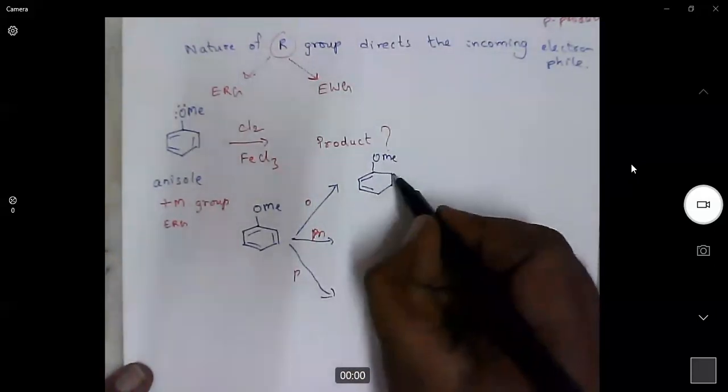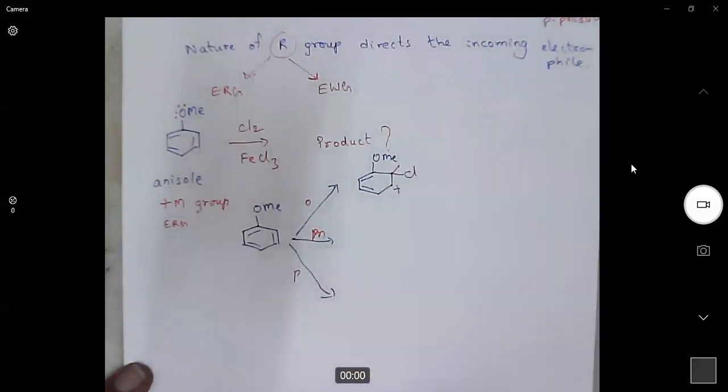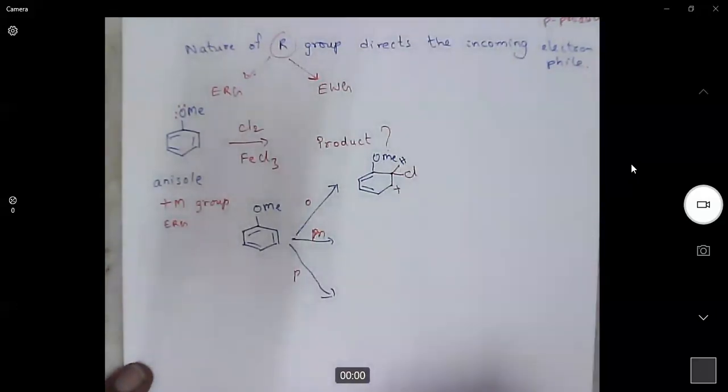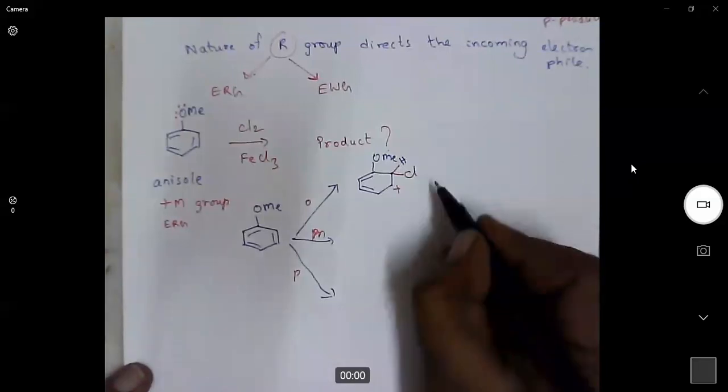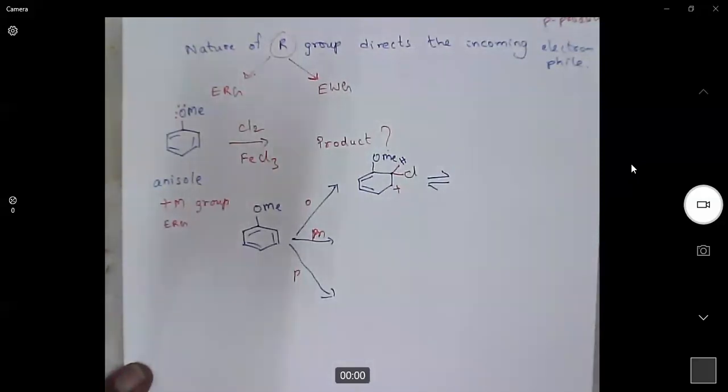If the electrophile, that means the chloronium ion, attaches at this position, then this position will have positive charge. Now the carbocation, the Wheland intermediate, is stabilized by resonance. So this is one resonance contributor.